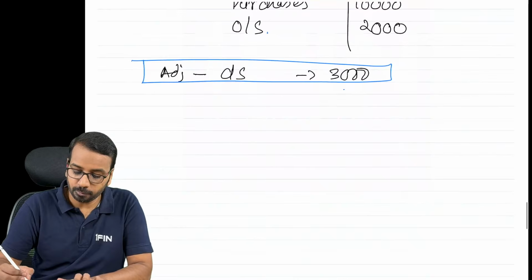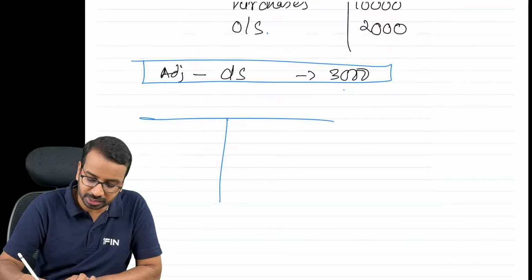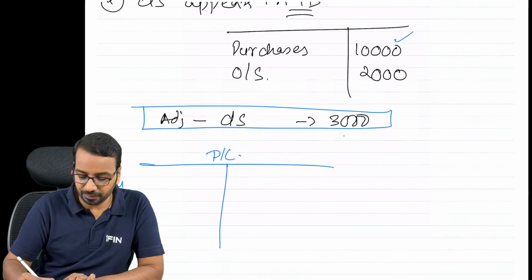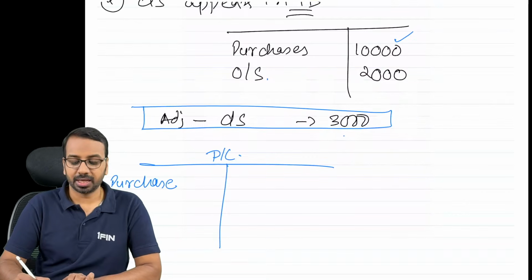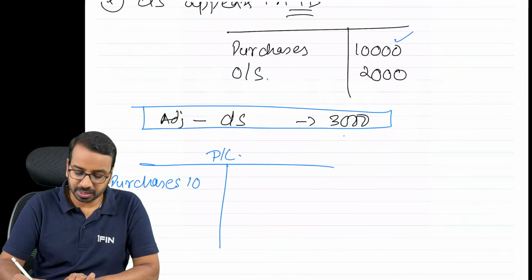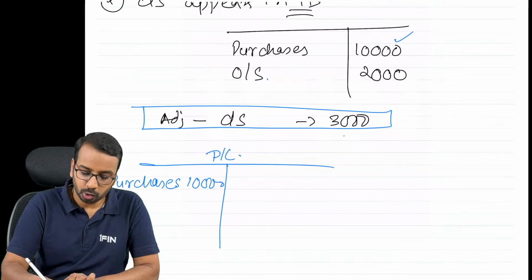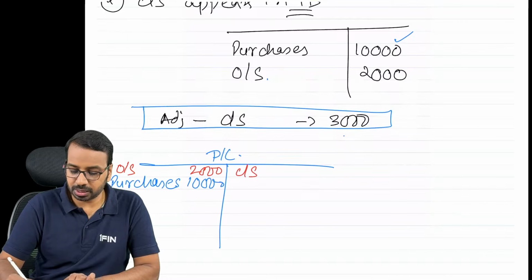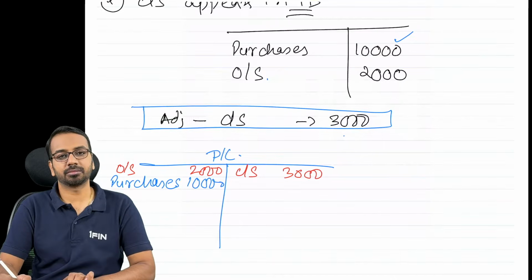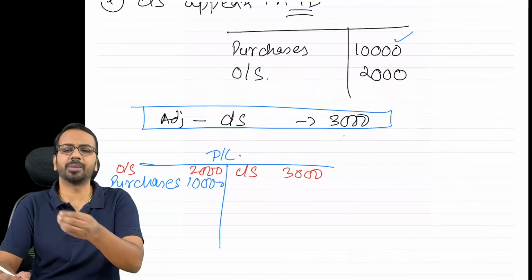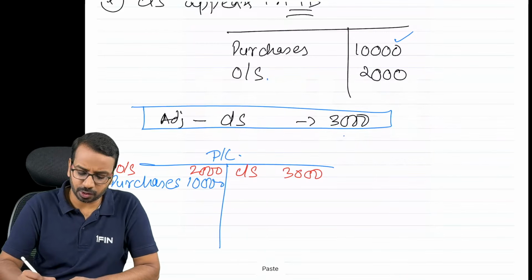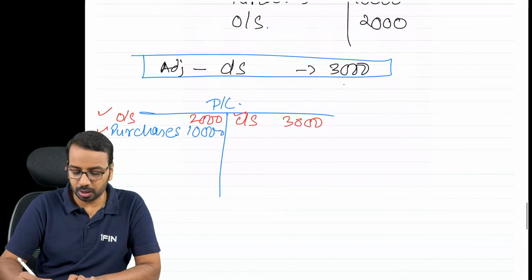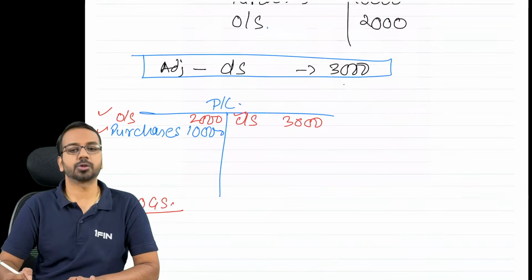Now, if I correlate this with the T-shape P&L, we have purchases 10,000, opening stock 2,000, closing stock 3,000. Whatever the sales may be, we will keep that aside for now. This opening stock plus purchases minus closing stock is called cost of goods sold.